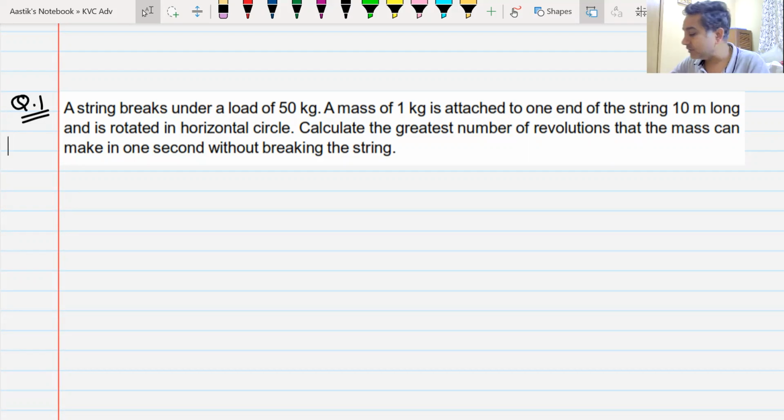What is the greatest number of revolutions that the mass can make? What do you mean by greatest number of revolutions? When we will have greatest number of revolutions, everything is given to you. The string is 10 meters long.